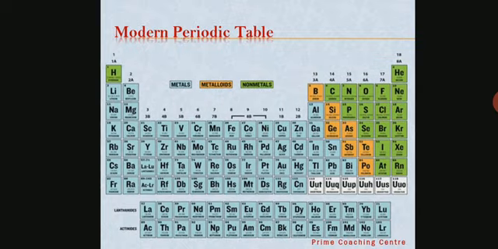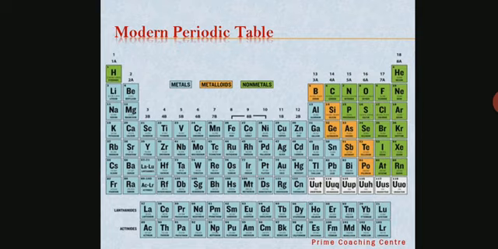So this is the modern periodic table. If you count the vertical columns, you'll find that there are 18 columns, and these 18 columns we call groups, 18 groups. And if we see the horizontal rows, you'll find that there are 7, and these are called periods.